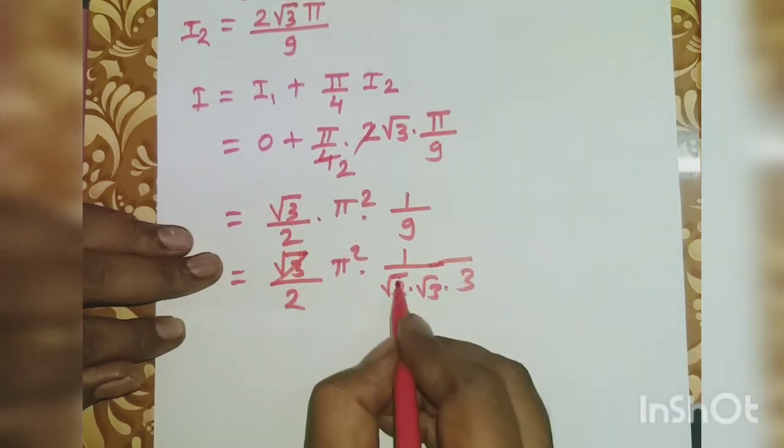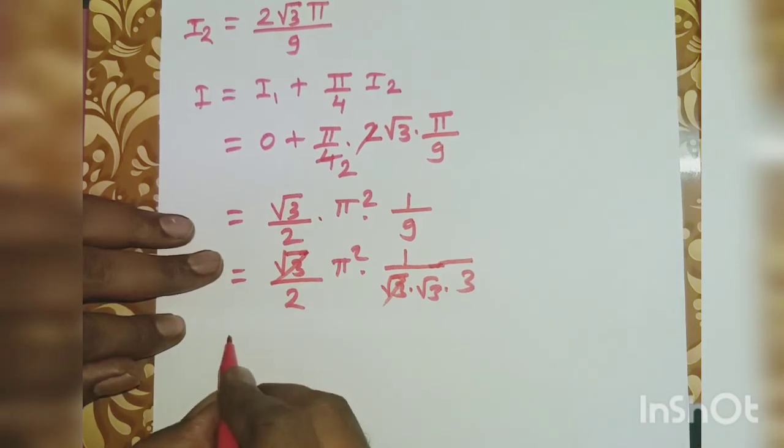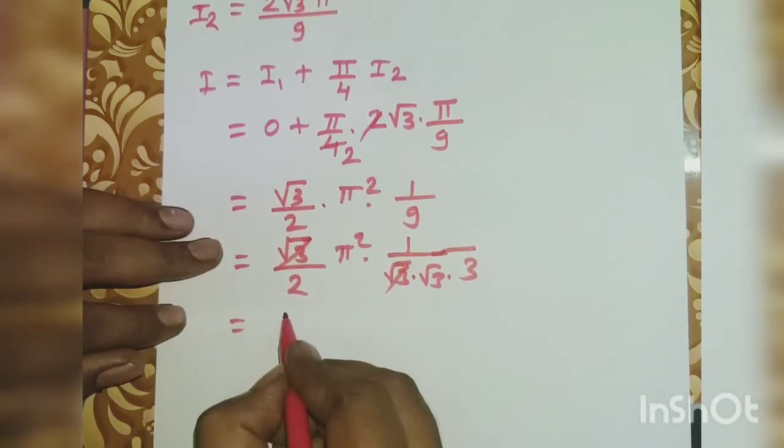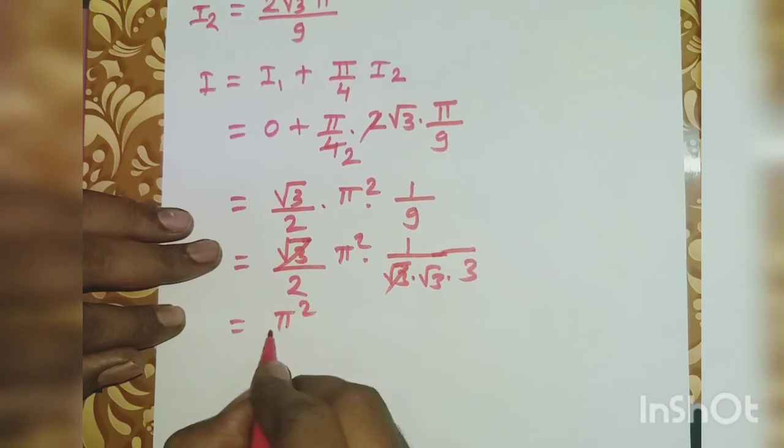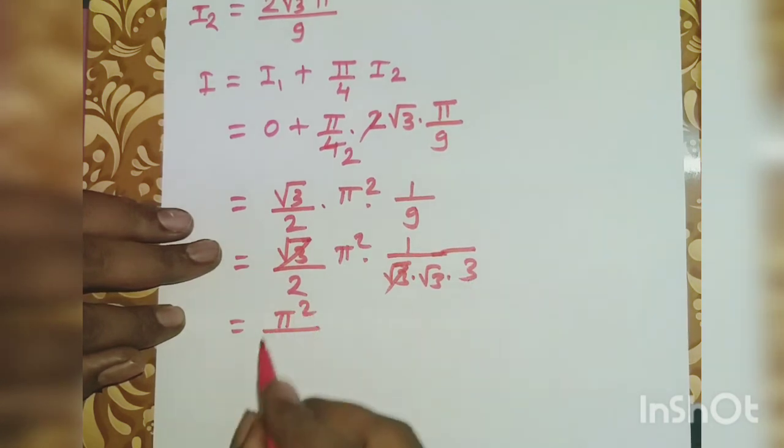In this, root 3 cancels. It is equal to pi square divided by 3 into 2 is 6, into root 3.